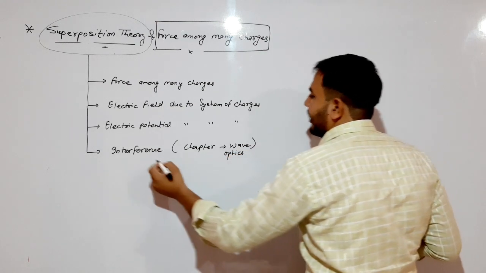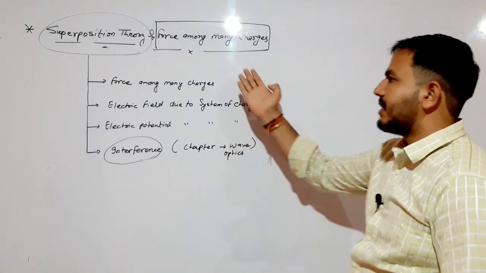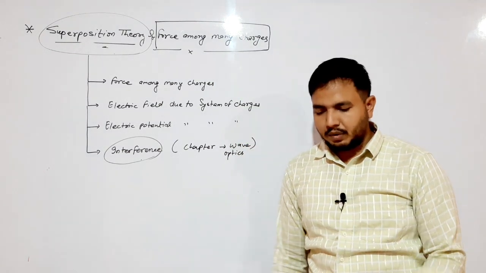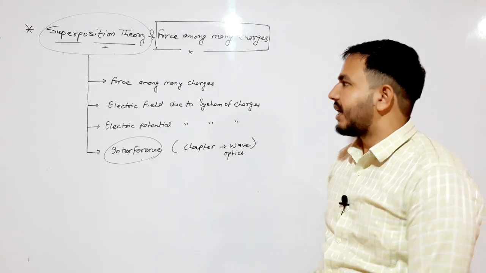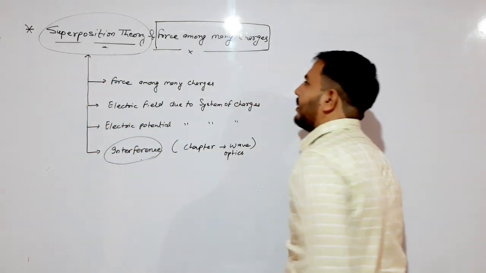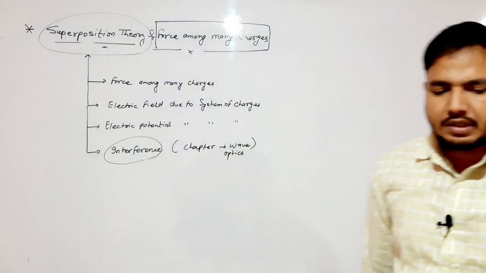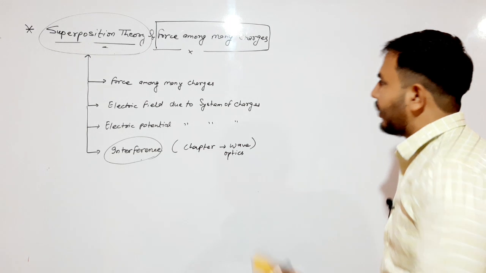In wave optics you will study about interference. These are the four topics whose explanation is given by superposition theory. So superposition theory is the most important theory for us.